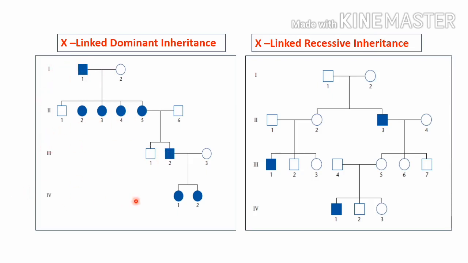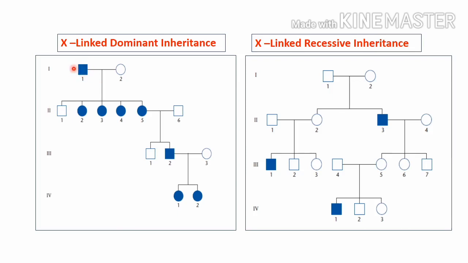So we have a diseased individual, either male or female, in every generation. We can see that right from the first generation to the fourth, every generation has a diseased individual, either male or female.